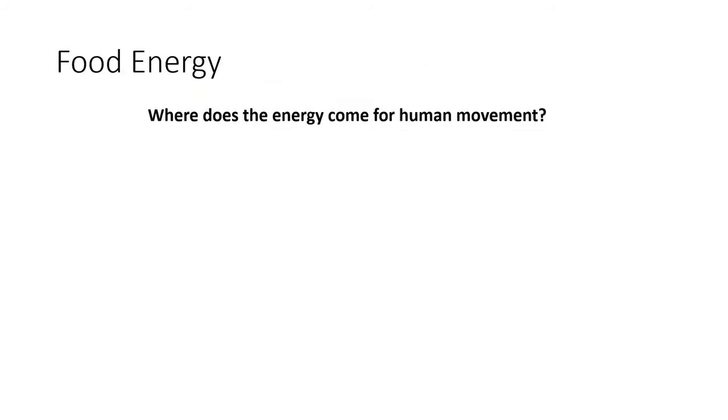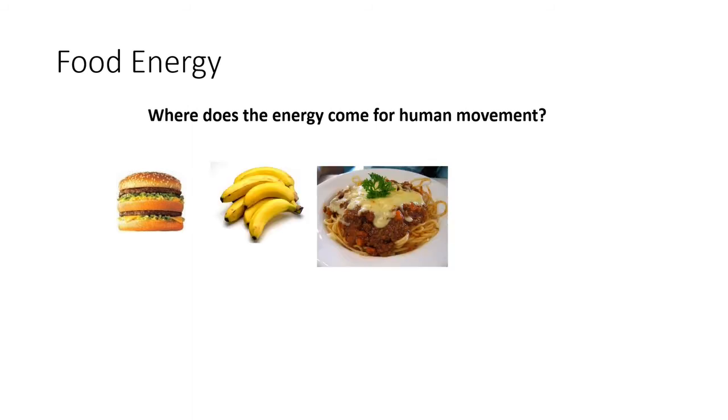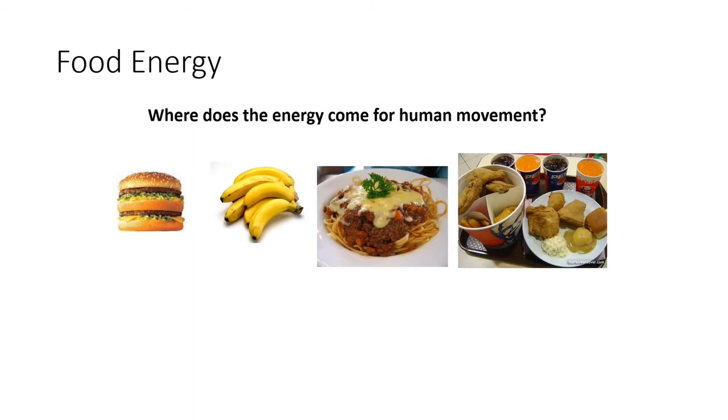So where does the energy for human movement come from? As I said before, it comes from our food. So anything that we consume, that we eat, most of the chemical compounds in that, which are carbohydrates, fats, and protein, is converted into energy that we can use for movement.